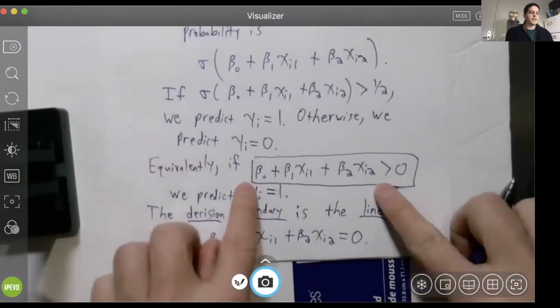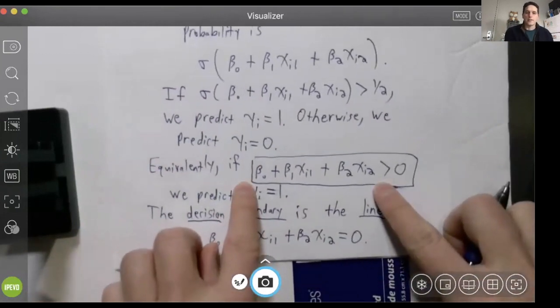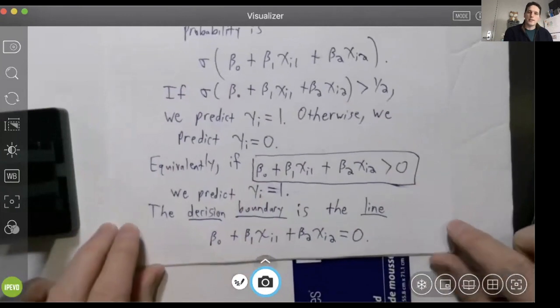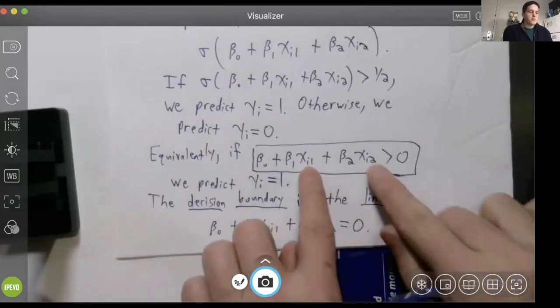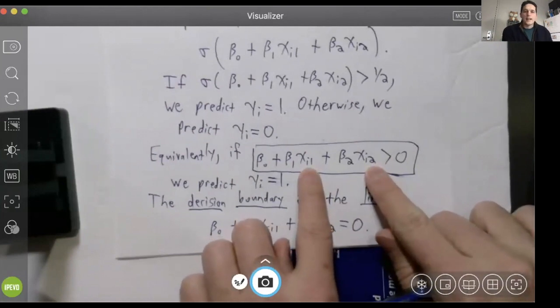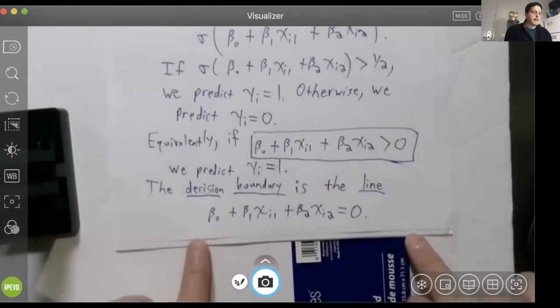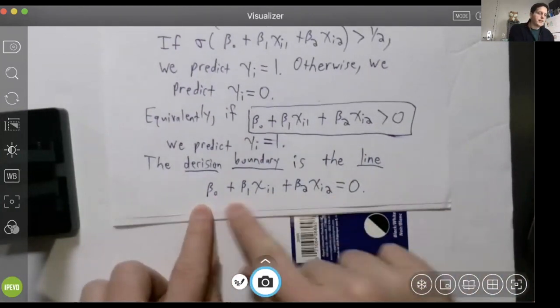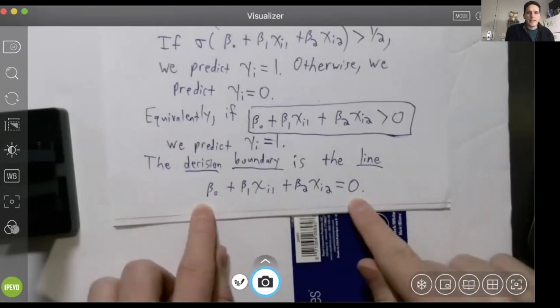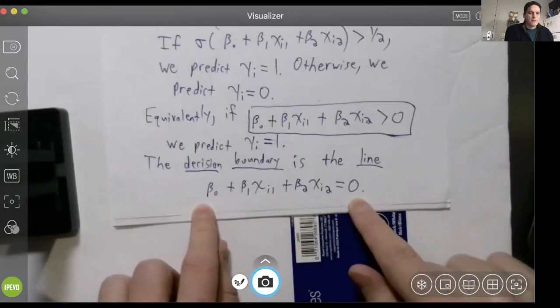Now, what if this quantity turns out to be exactly equal to 0? Then we don't know what to do. That would mean that our point xi lies on the decision boundary. The decision boundary consists of all the points where this quantity is exactly equal to 0. That means we don't know if we should predict the class is 1 or 0.